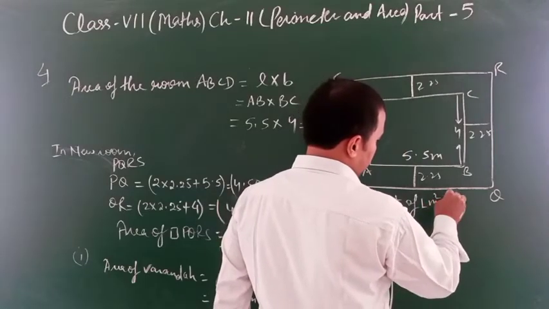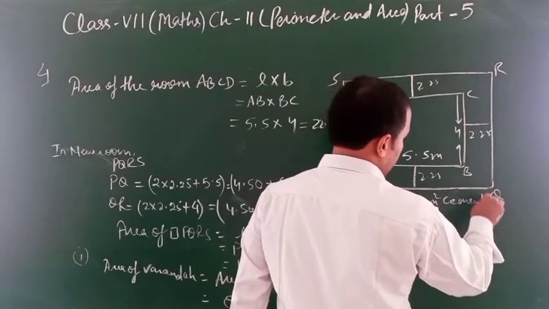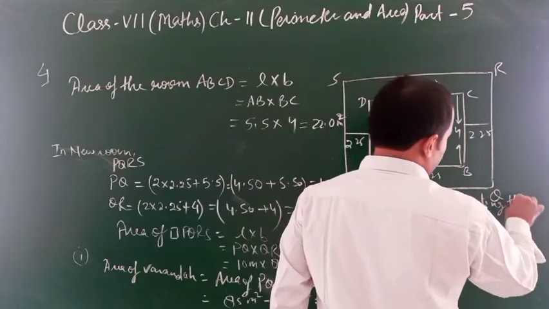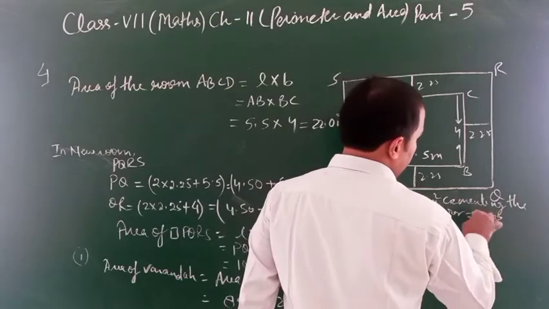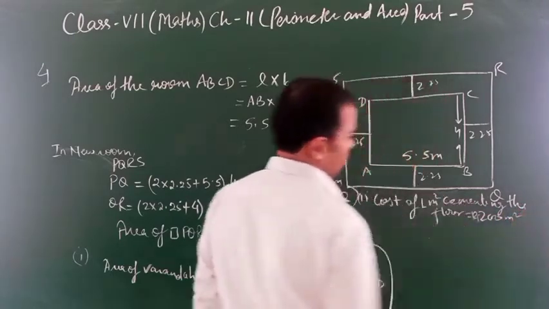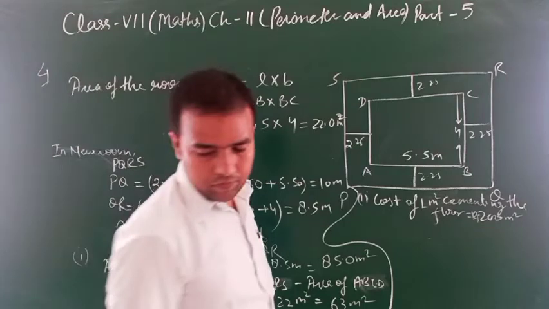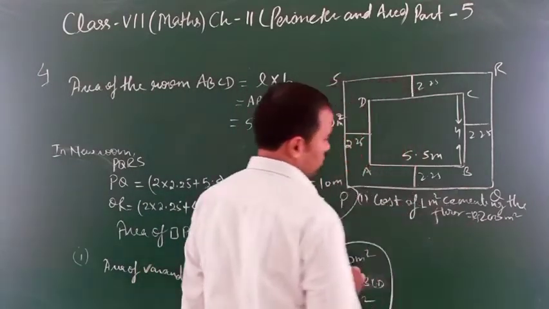1 meter square cementing the floor is equal to 200 rupees per meter square.